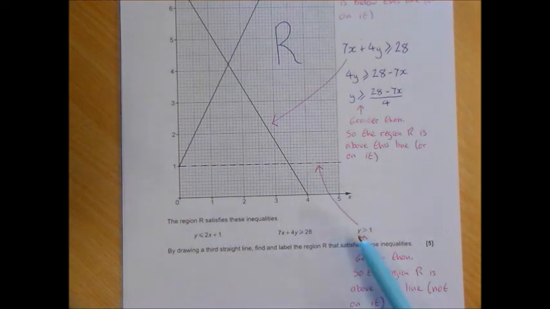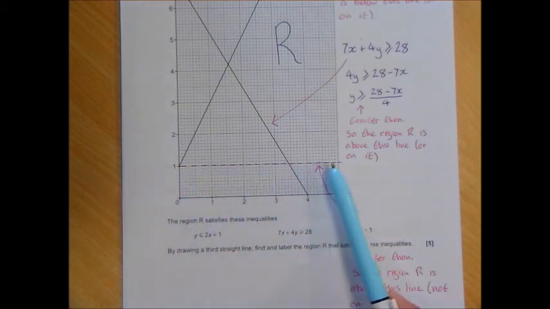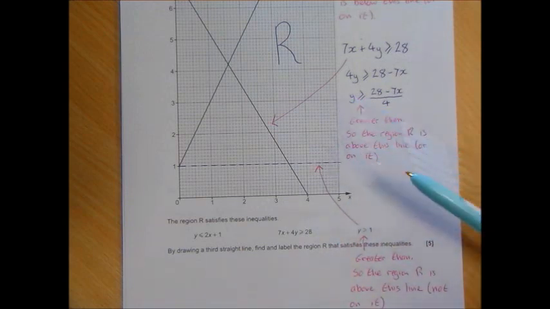So I've drawn the line y equals 1, and that's the line here. Hopefully you can see this all right on the video. That's actually a dotty line, and I want you to see why. It says on the other two that y is less than or equal to, or in this case it is greater than or equal to, but this one, it is just greater than. So it cannot be equal to it, so that's why I've done the dotty line.